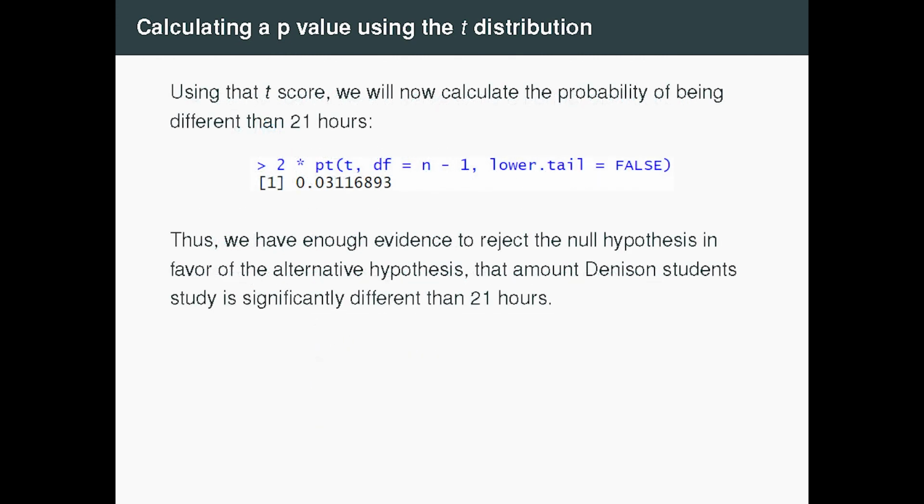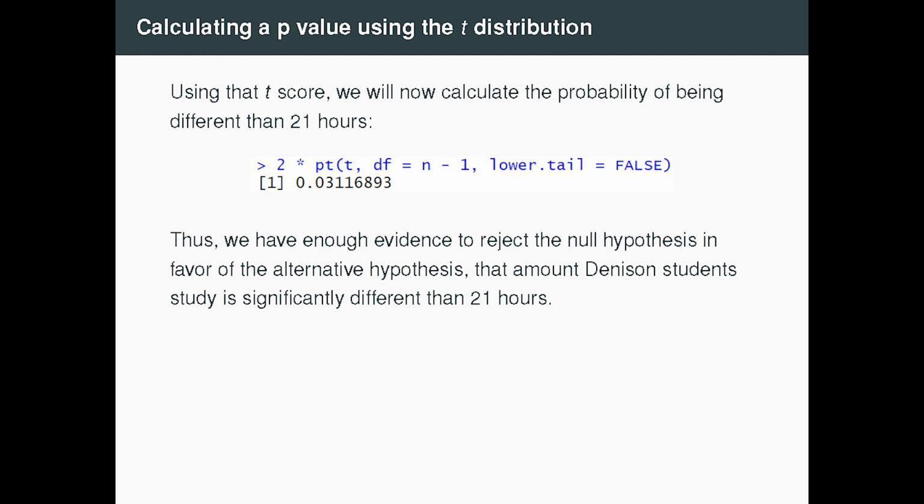We can now use that t-score to calculate the probability of something being different than 21 hours. And so, like before, we are using the pnorm function. This time we're going to use the pt function, which we'll discuss more in our activity in class later this week. And remember, since this is a two-sided test and the t-distribution, like the normal distribution, is symmetric, we're able to just calculate one side of the probability and then multiply that number by 2.